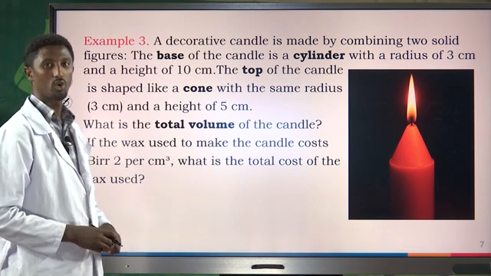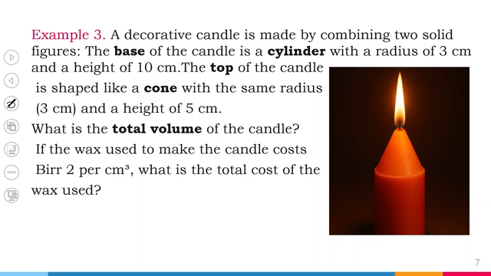So what is the volume of the candle? And if the wax used to make the candle costs 2 bear per centimeter cube, what is the total cost of the wax used to make this decorated candle?